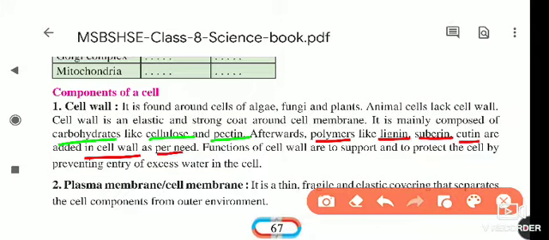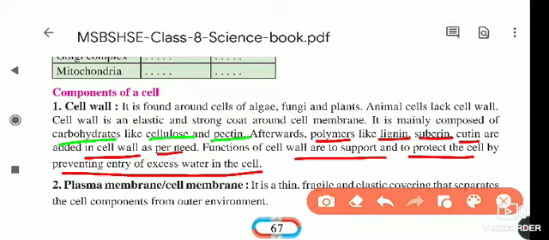The functions of the cell wall are to support and protect the cell, and to prevent the entry of excess water in the cell. As we said, the cell wall is present only in the plant cell.